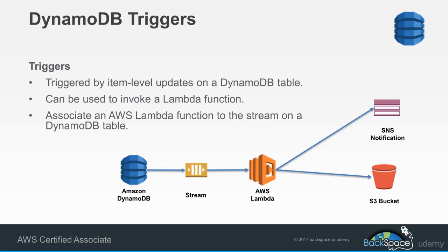It could be used to send an SNS notification by email or something to say that some part of the database has been touched. So it's great for security purposes as well. If you want to really monitor your data and make sure that if something changes, that is very important, you have a process in place that manages that. It could also just write to an S3 bucket and store some information there about that event. So you associate an AWS Lambda function to that stream on a DynamoDB table, and that's how that works.